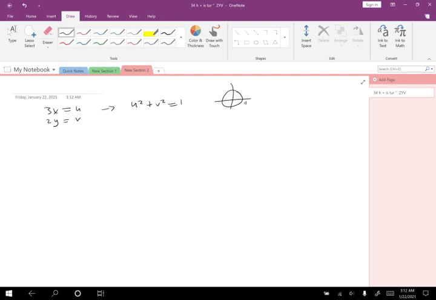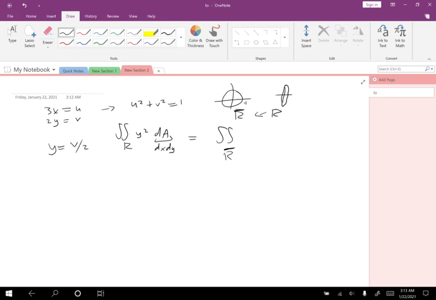Okay, so that means if we just call this region R bar, and this came from R, which was our ellipse, then the integral of y squared over R, and I'm going to now replace this with a dx dy, will be equal to the integral over R bar, and then we have y squared, which is, if we solve for y, v over 2, so now it's (v over 2) squared times dx dy.